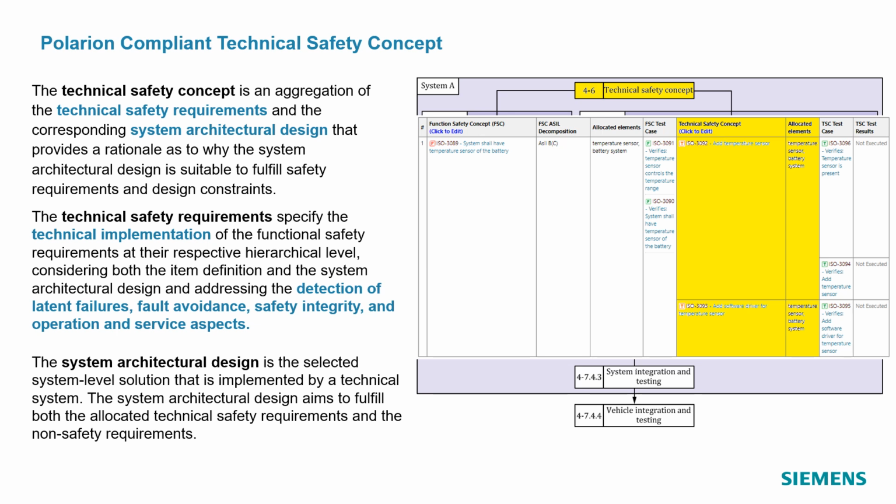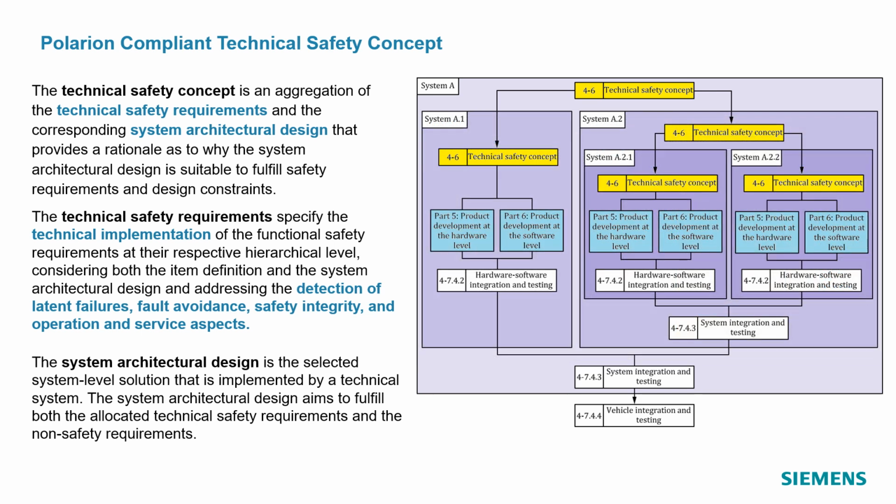We address the detection of the latent faults, fault avoidance, safety integration, and operation of the service aspects. The system architecture design is the selected system level solution that is implemented by the technical system. Here, the architecture design aims to fulfill both the allocated technical safety requirements and the non-safety requirements. All of this is together, as we can see in our technical safety concepts area.